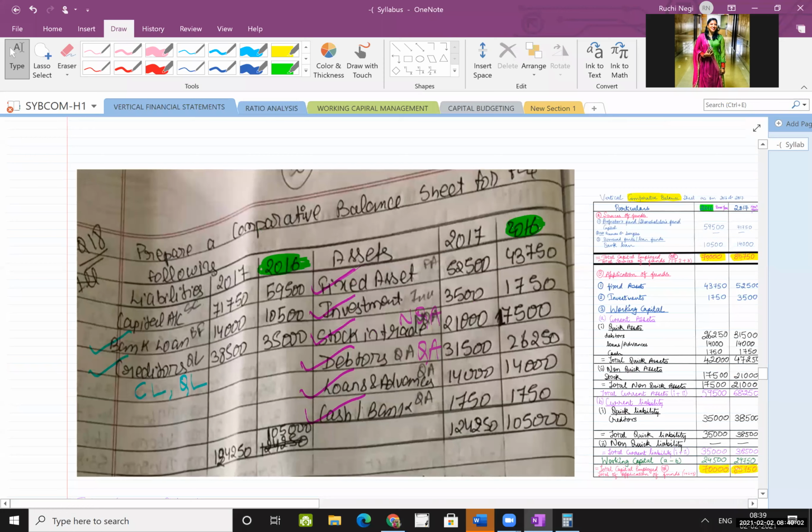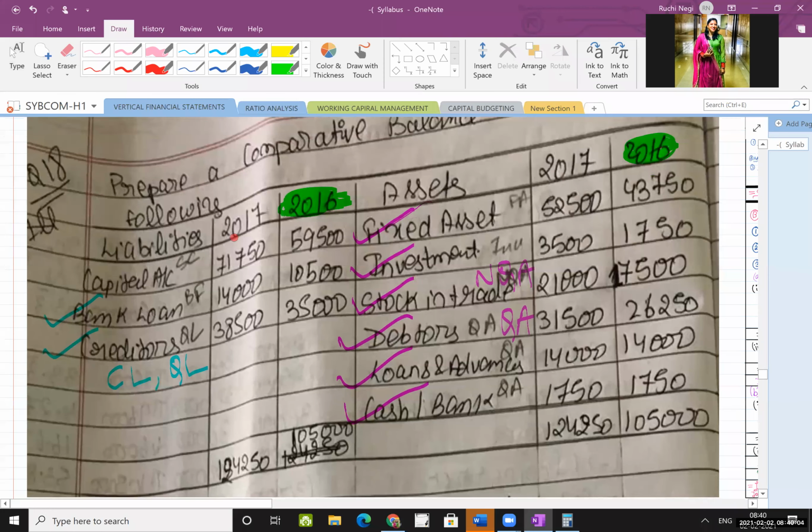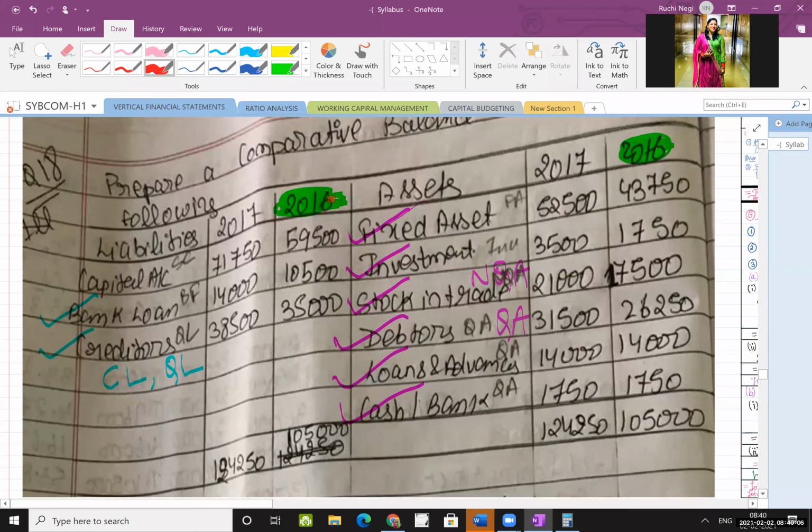See, 2017 and 2016 is given, reversed. So 2016 obviously is the first year, so this is the base year. Sometimes they purposely shift the columns like this.